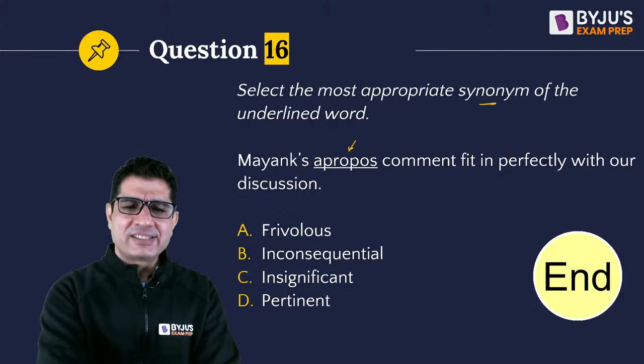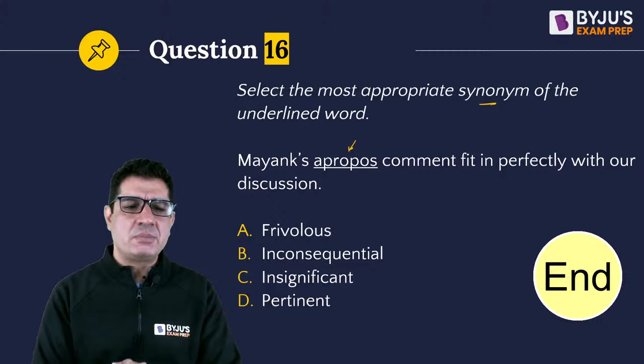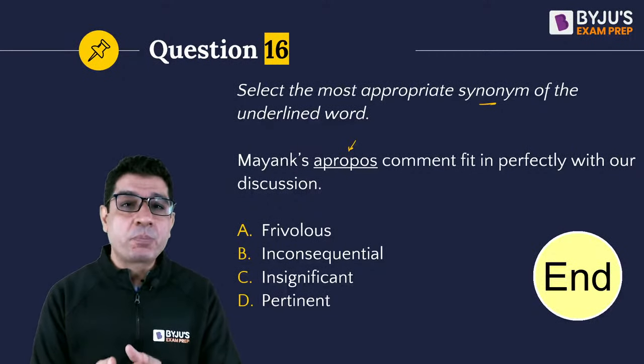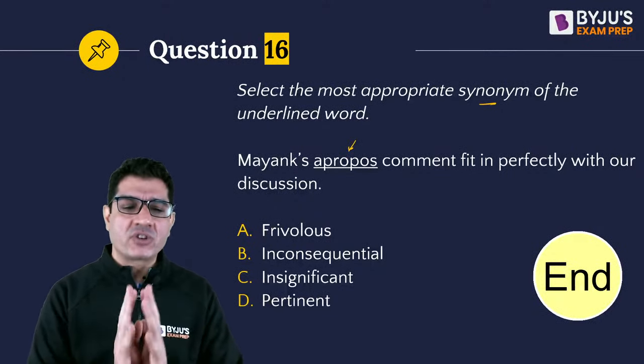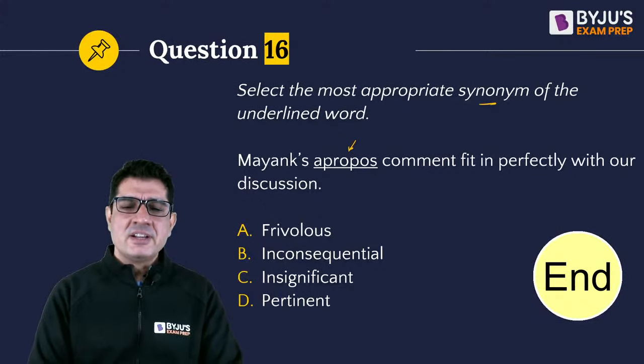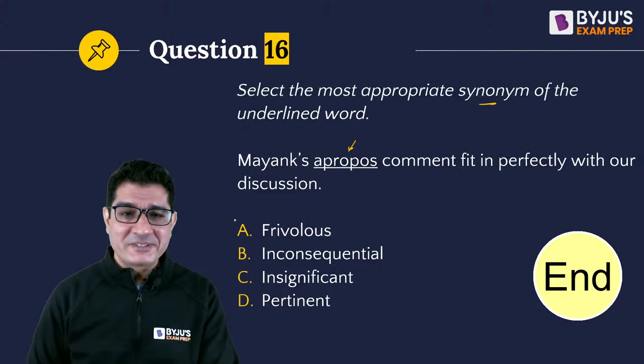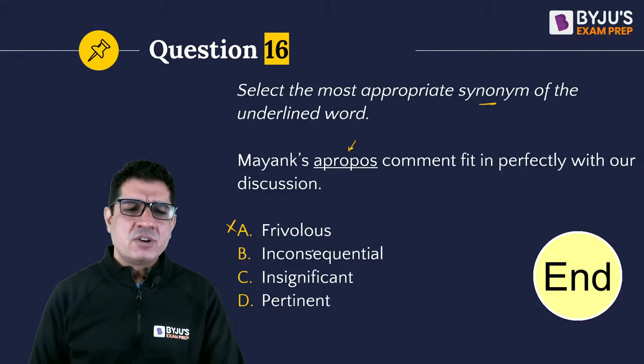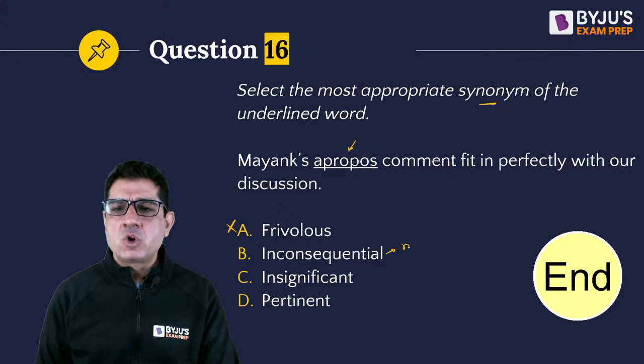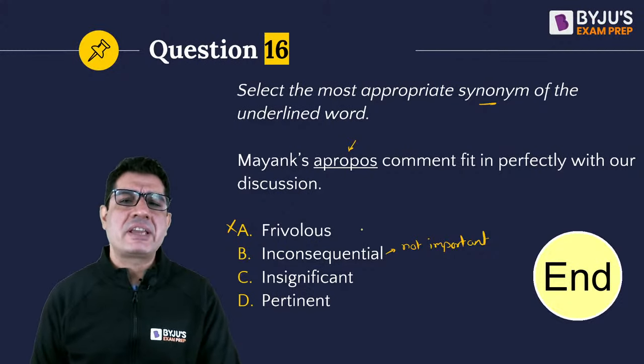So let us see. Let's have a quick look at the meanings. Okay, so apropos basically means very appropriate to a particular situation. Right? So you already know the meaning of frivolous. That's not appropriate. So A can be ruled out. What is inconsequential? Inconsequential means something that is not important or something that is not significant.